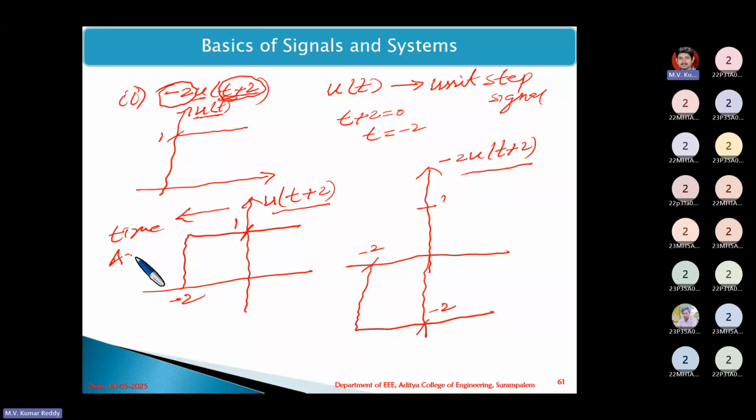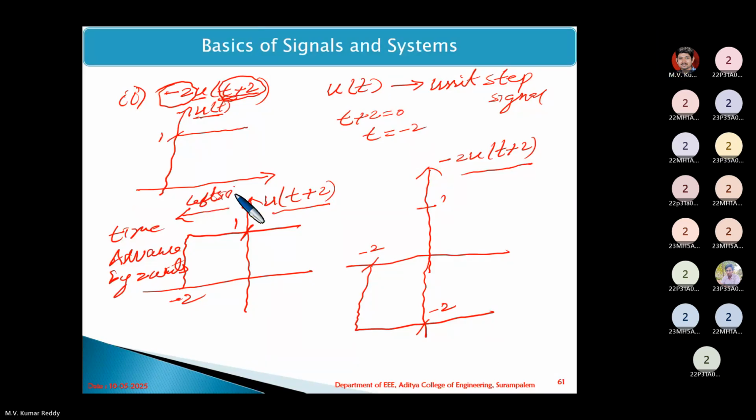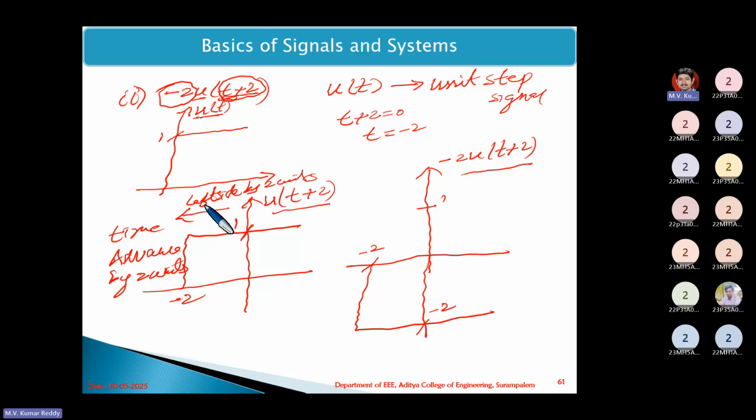Time advanced by 2 units, or it is shifted to left side by 2 units. First of all, what we have to write? It is shifted to left side by 2 units and it is called time advanced by 2 units. For each and every waveform you have to write one single point compulsory.